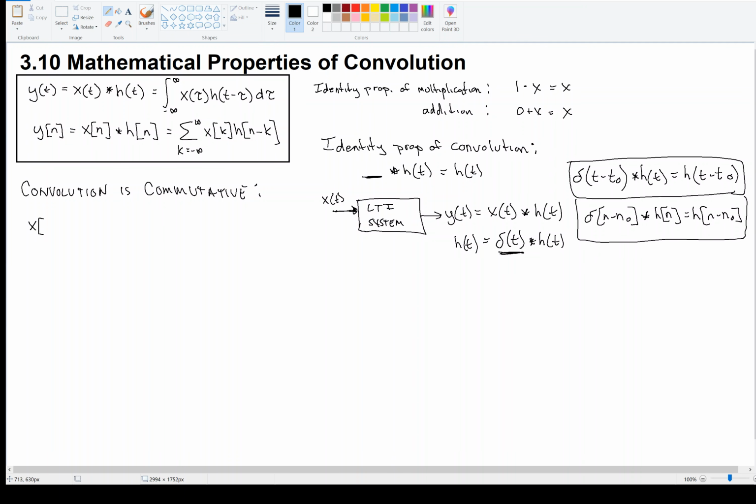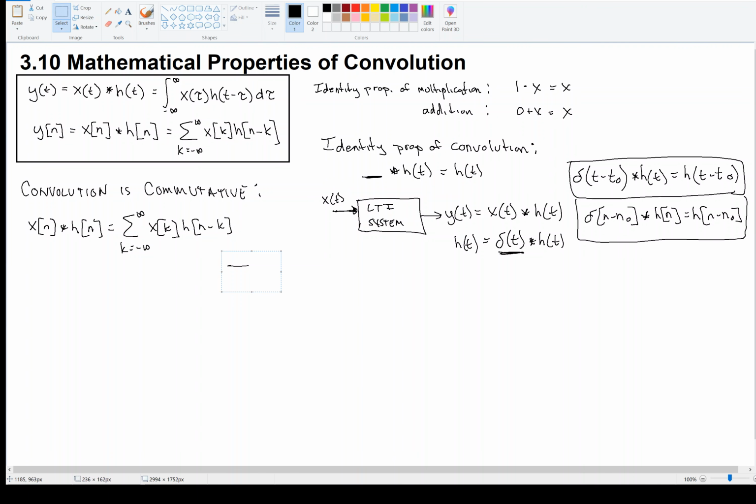I'm just going to prove this. x[n] convolved with h[n]. I'm going to prove the commutative property, just so you can get a flavor of how these proofs work. I'm not going to prove all of the ones that you'll see in this video, just this first one. So by definition, x convolved with h, which I have up here in the box, is the sum for k from minus infinity to infinity of x[k] h[n minus k].